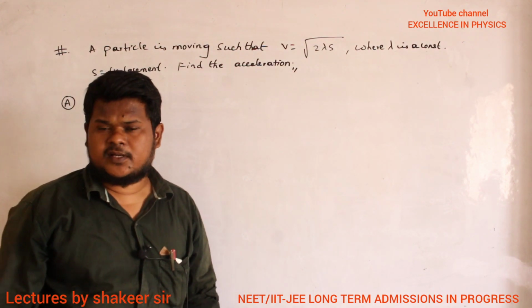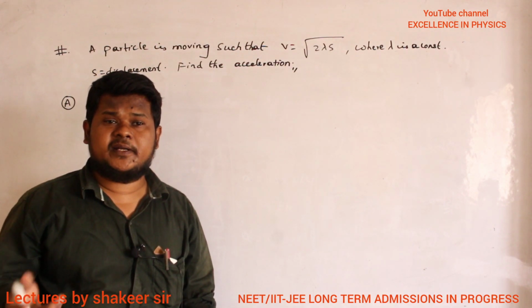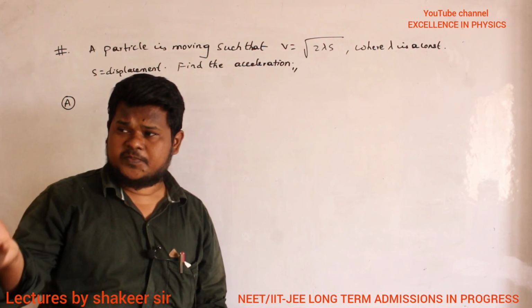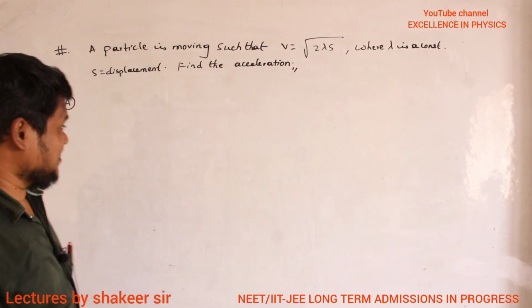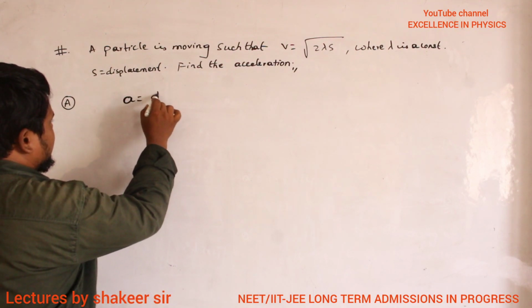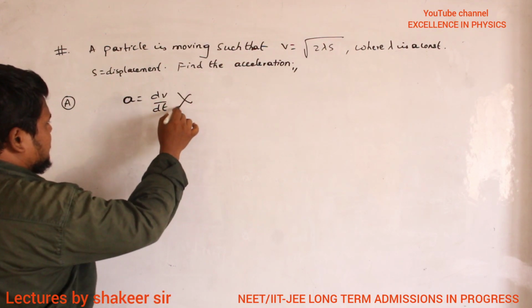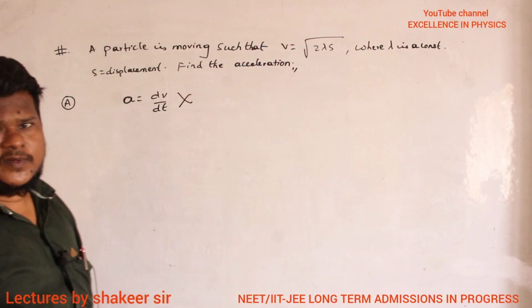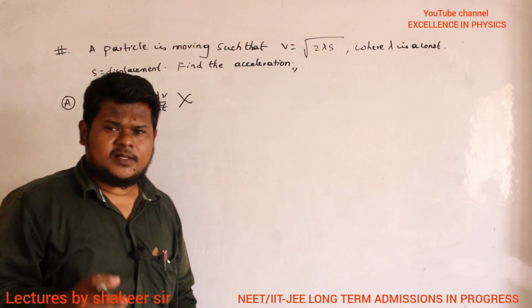So can I use the relation a equals dv by dt? I cannot use the relation dv by dt in this condition. Why? Because velocity is not changing with respect to time now. Velocity is changing with respect to displacement.